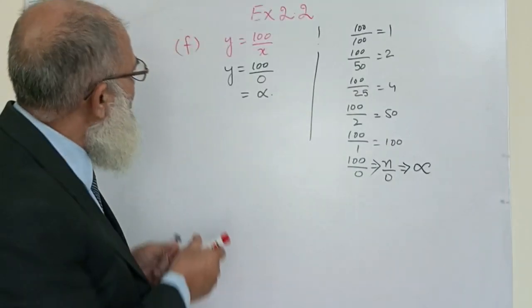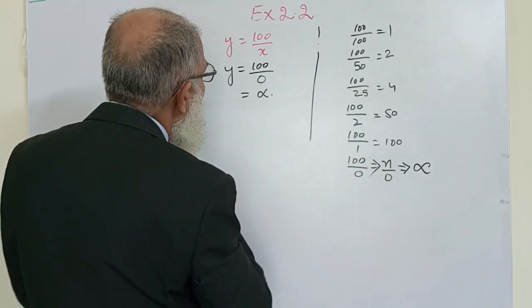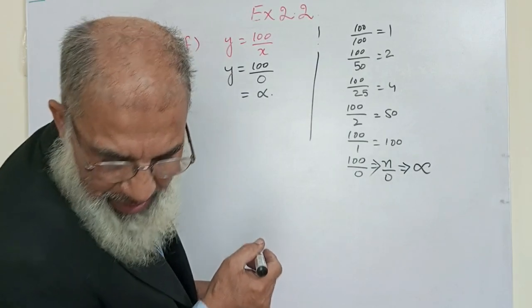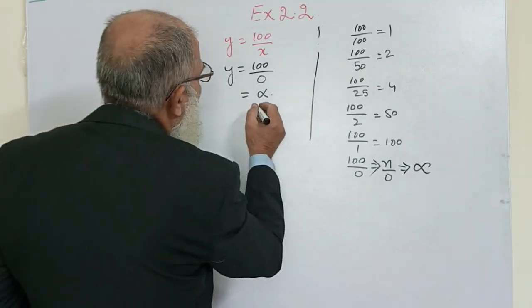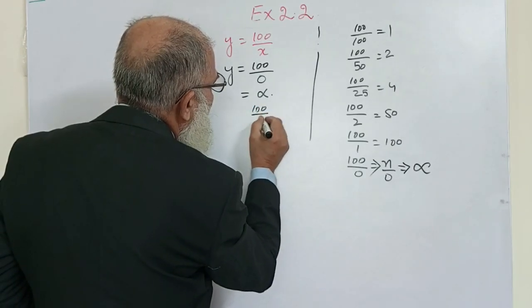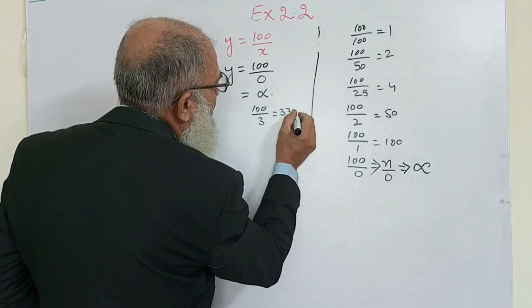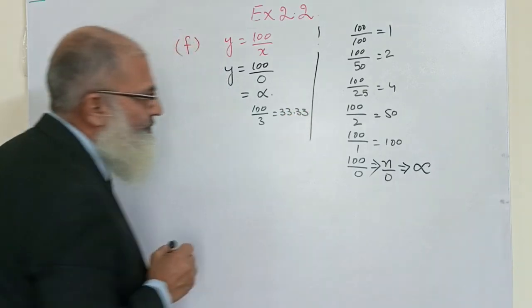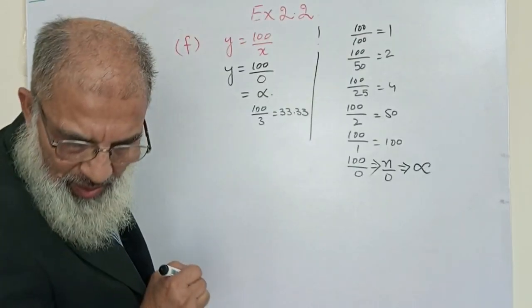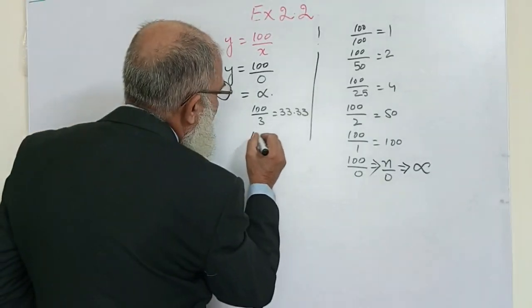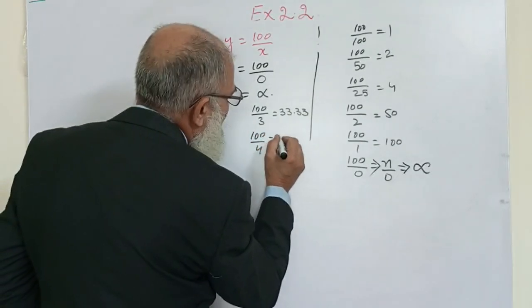And the second value was 3. That was 100 divided by 3. That will become 33.33. For 4, 100 divided by 4 is equal to 25.